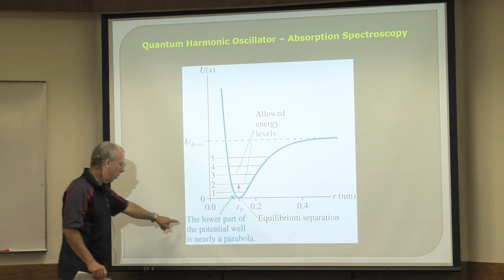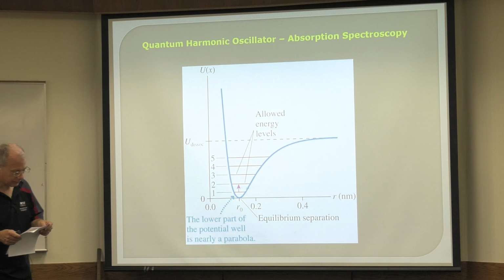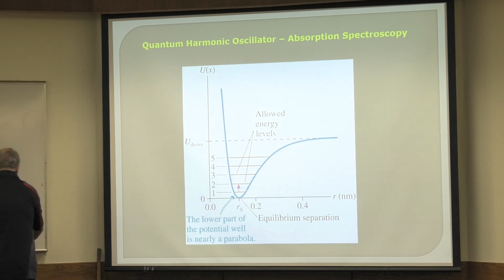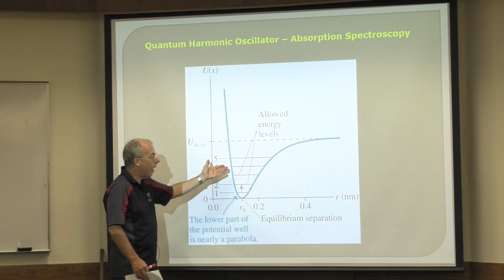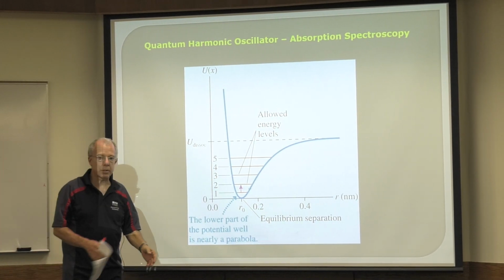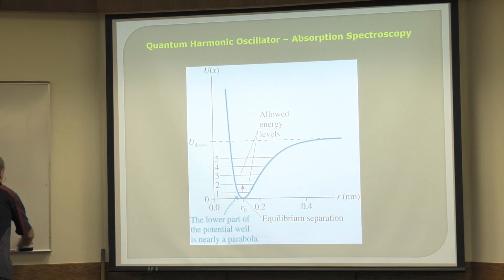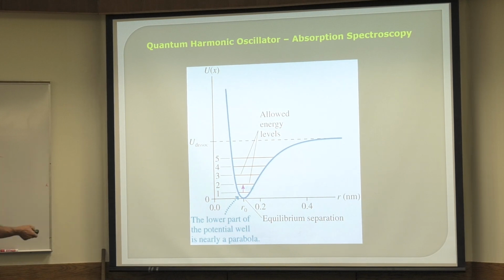Whoa! So the lower part of the potential well is nearly a parabola. Now, if that's the case, then for this molecule with the two atoms, we're just going to use the results of the quantum harmonic oscillator.